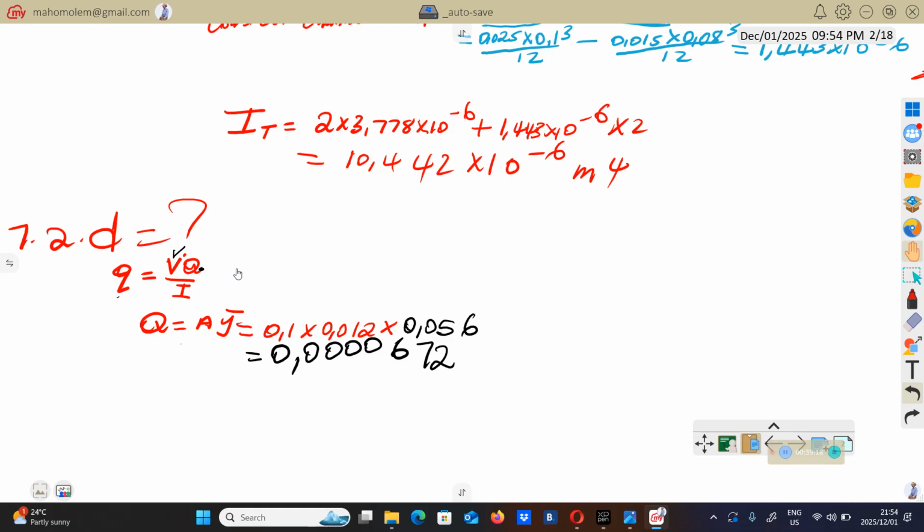So from this equation here, V is 5,000. Q is 0.00000672, all divided by I, which is 10.442.